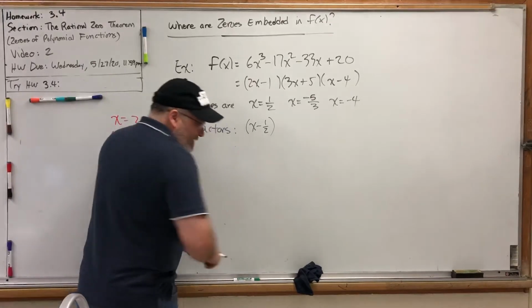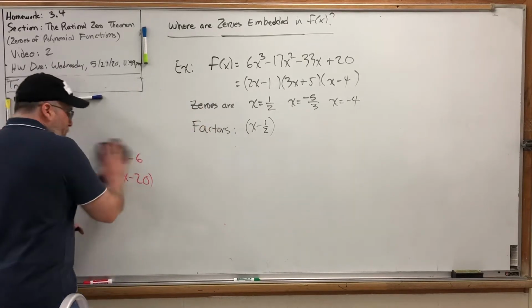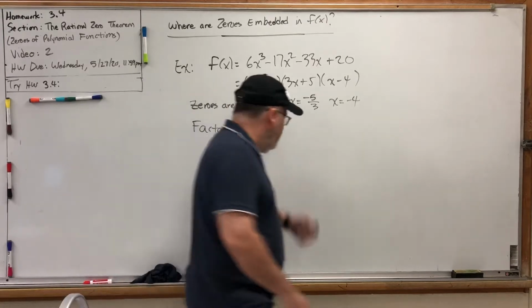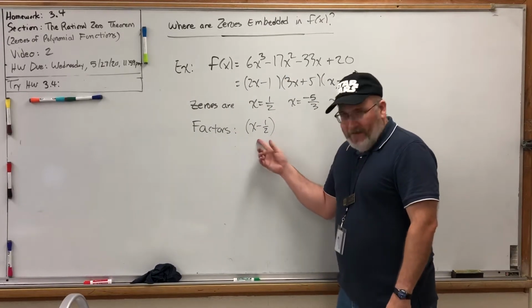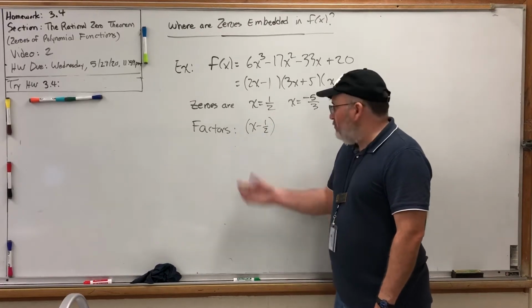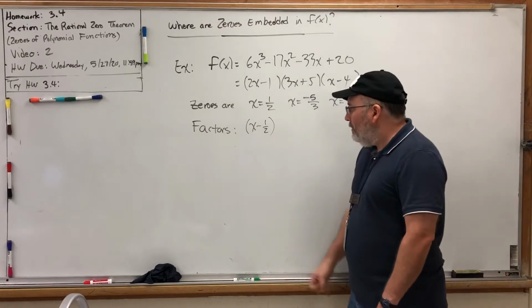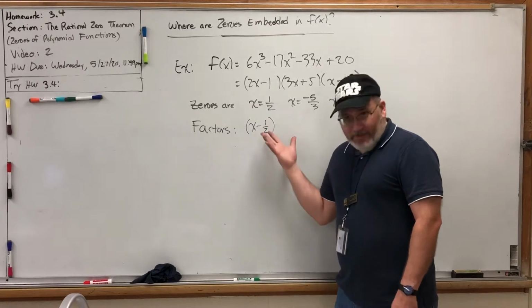So in an effort to keep things nice and integer, when our zeros are rational numbers but not integers, we can set up a factor according to the factor theorem, x minus this value. But in order to not have a fraction here, why don't we multiply this by a constant that will eliminate the fractions?